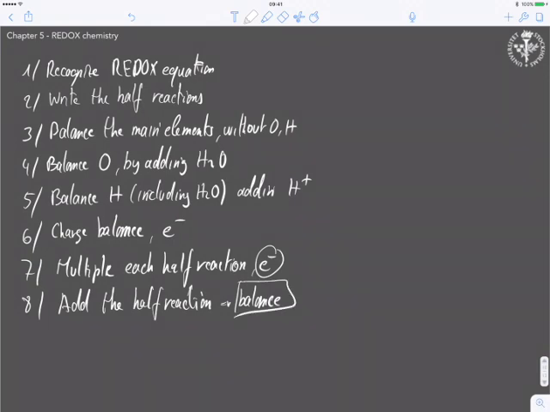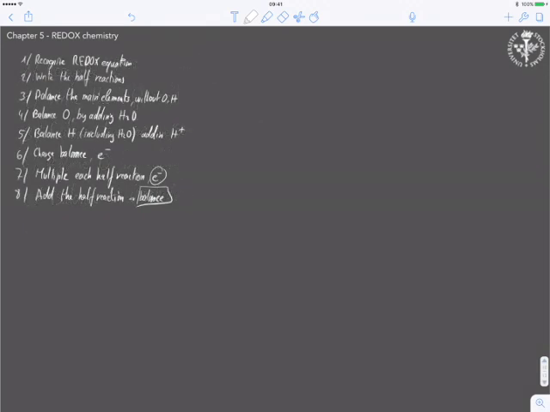Let's take a couple of examples, and the result of a balanced equation will be different if you are in neutral condition, in acidic condition, or in basic condition. Let's take, for example, a neutral case. And just to prove that you can actually balance any equation, let's take a very simple one.